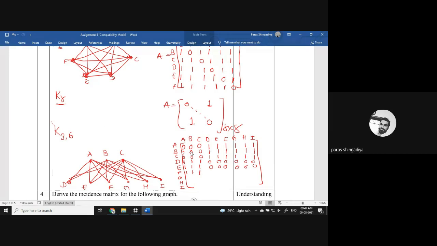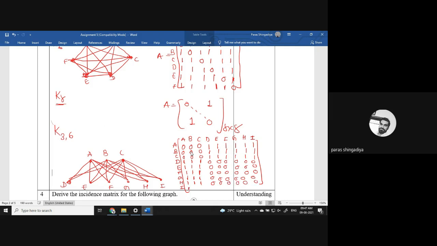The first 3 entries will be 1, because F is connected with A, B, C, but they are not connected with these vertices. Okay? It is also 1 here. Clear? Same for H. So it is 1 1 1 and here it will be 0. Clear?